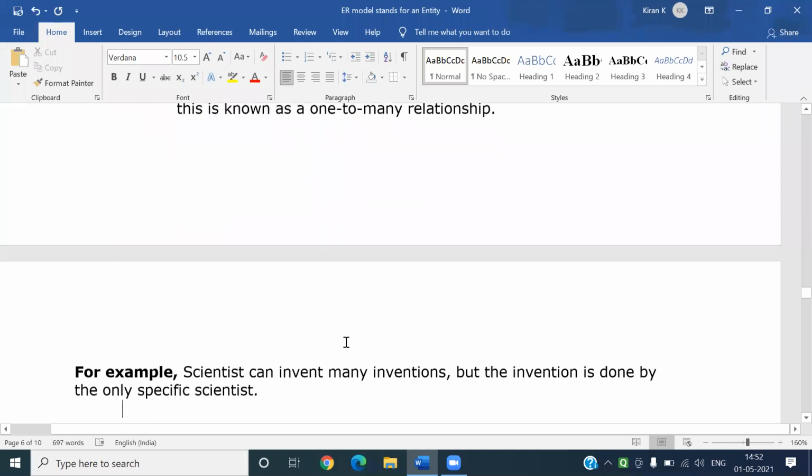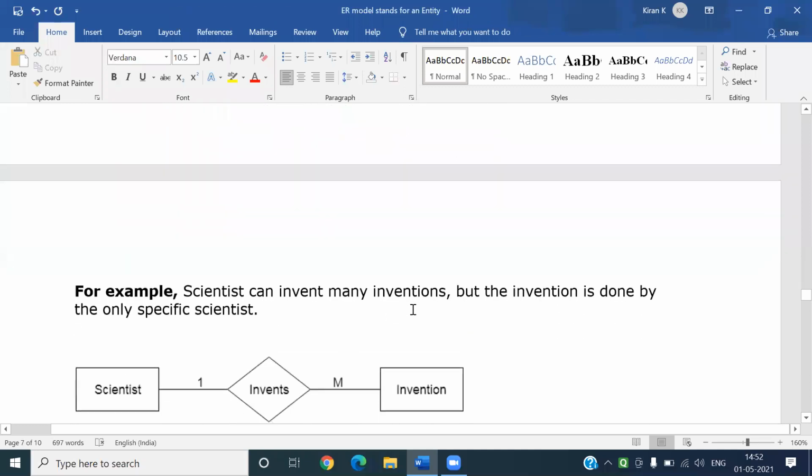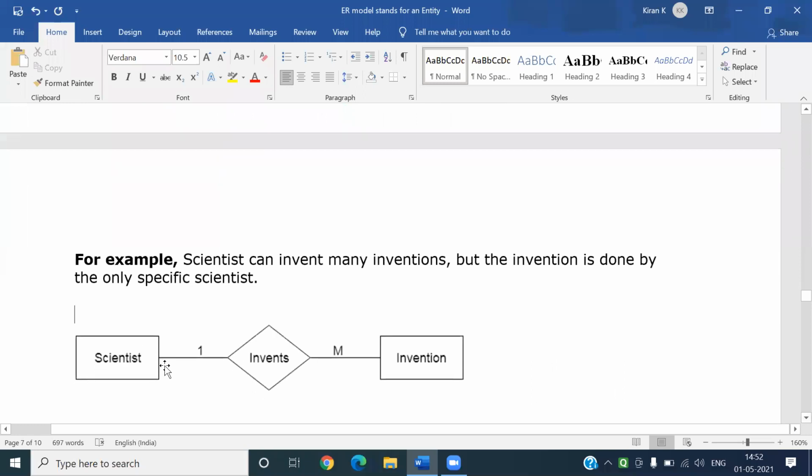For example, take a scientist. There is only one scientist who makes many inventions. A scientist invents more inventions.